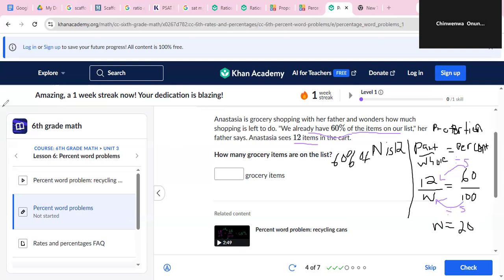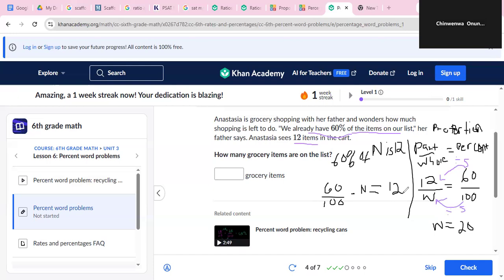But now let's look at it as transforming words into math. 60% of our items is 12. We can rewrite that as 60 over 100. Of means multiply. So 60 over 100 of our items. I'll just say n for number of items, equals 12.